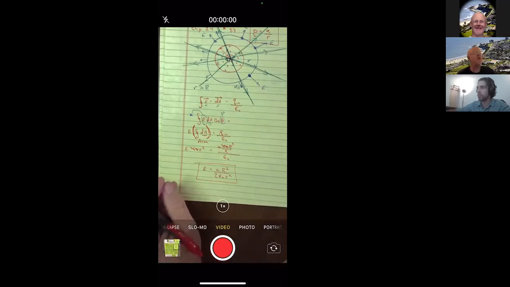And let me check the solutions here. This is, I think, the last one, 57. It looks like they only did the inside. Maybe did the outside.